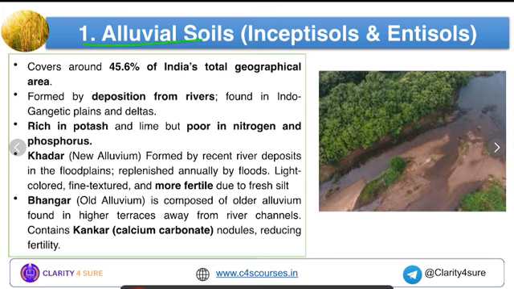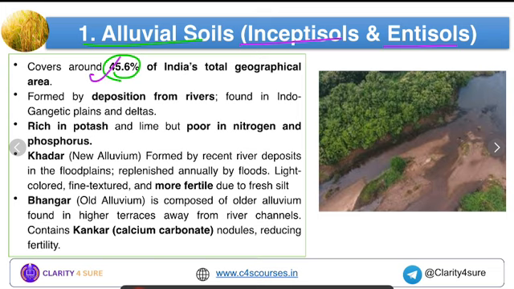As I already said, it is the major chunk of all soils. So yes, it is categorized under the Inceptisol and Entisol soil orders, and it covers a major part, that is 45%.